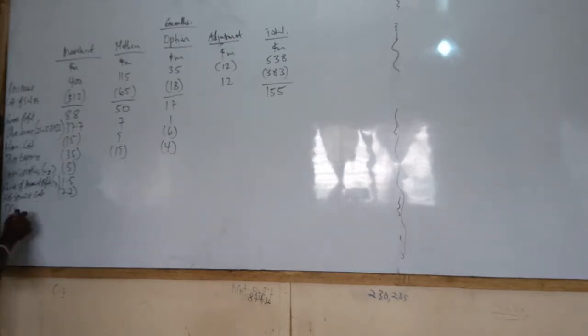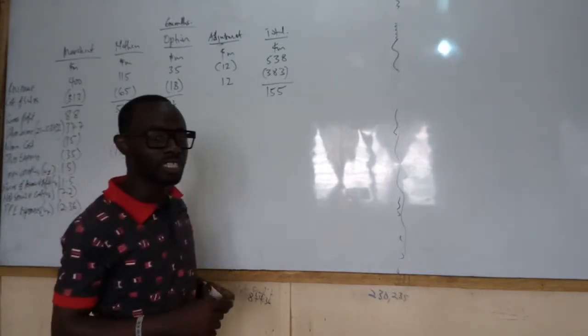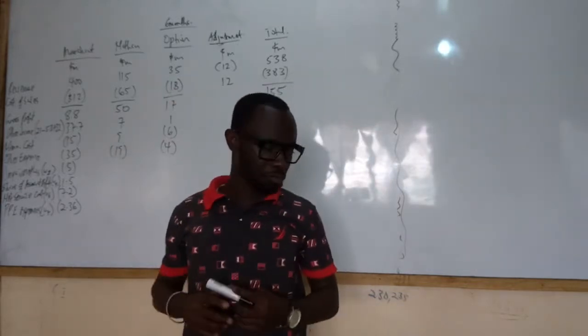The IAS 19 service cost, 6. PPE expenses, the revaluation loss, 7. How much is it? 2.36. The one we said should be taken to the income statement. Are you getting the picture?